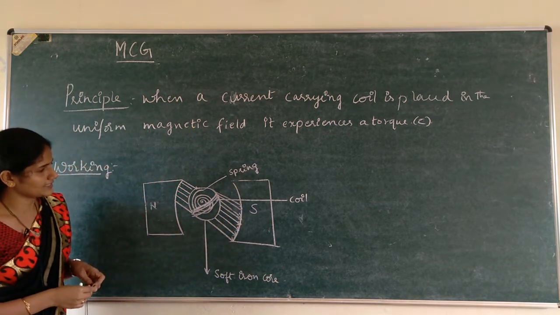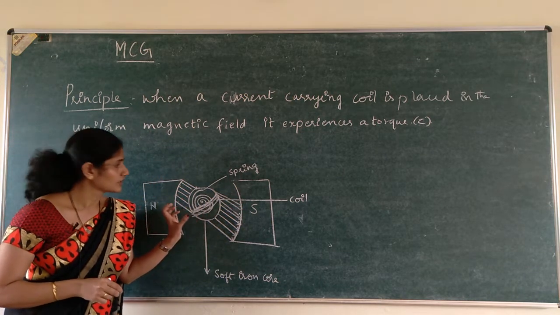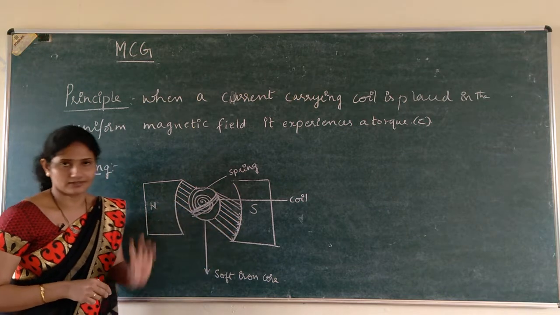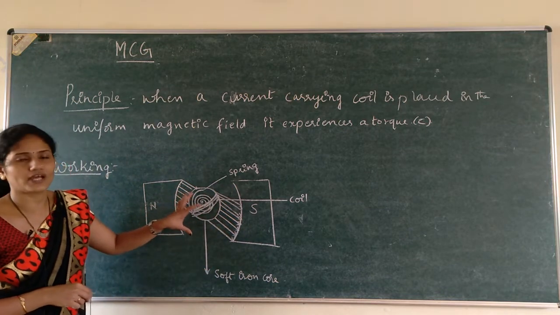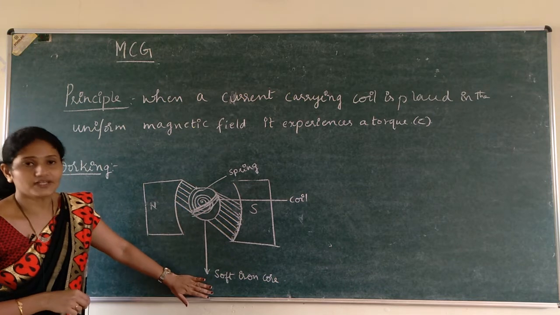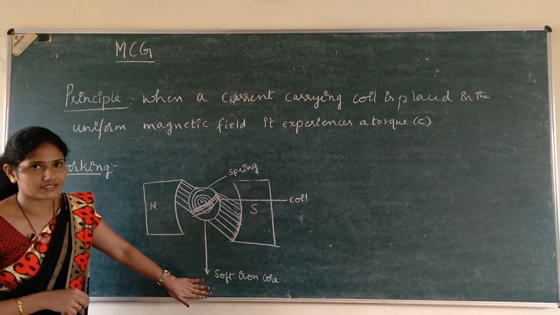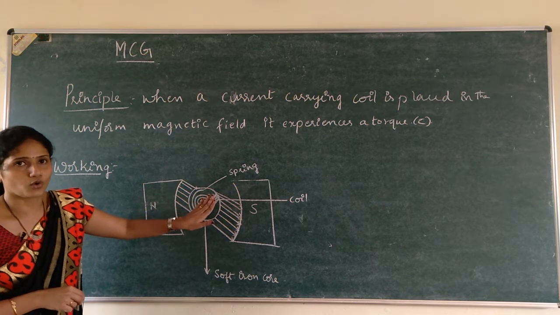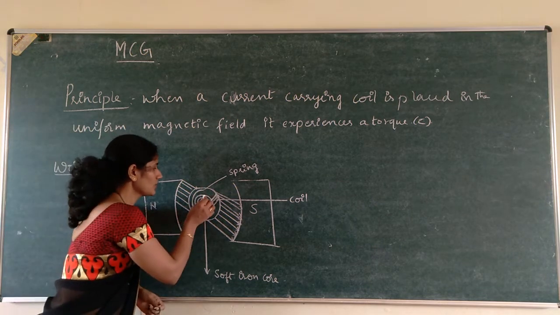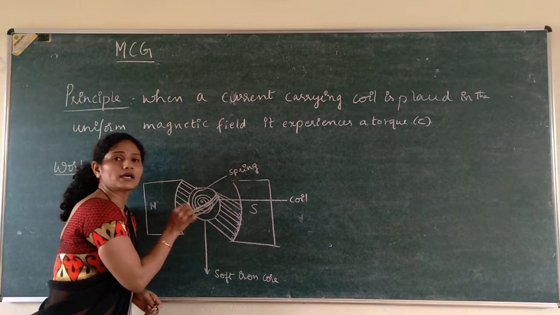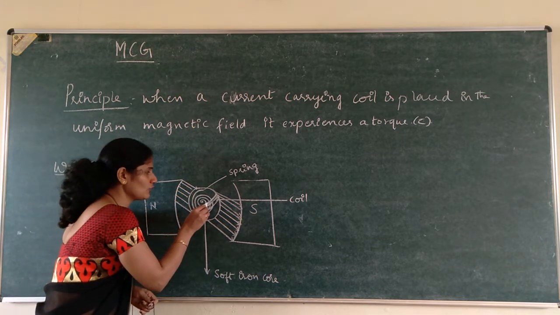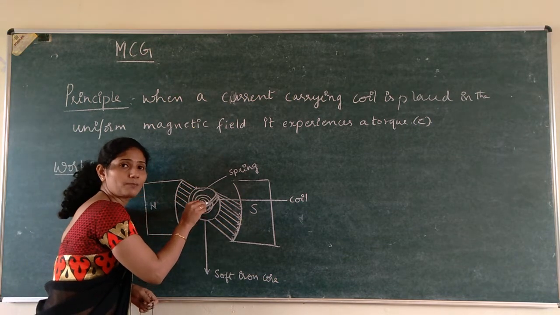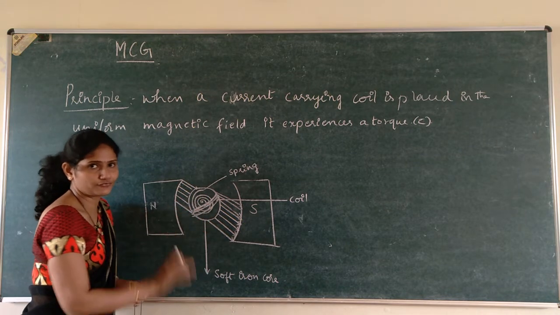So the field lines are always radial. So this soft iron core makes the field lines radial, and also this soft iron core keeps the plane of the coil always parallel to the magnetic field.